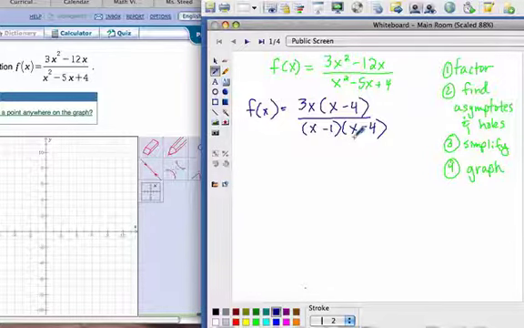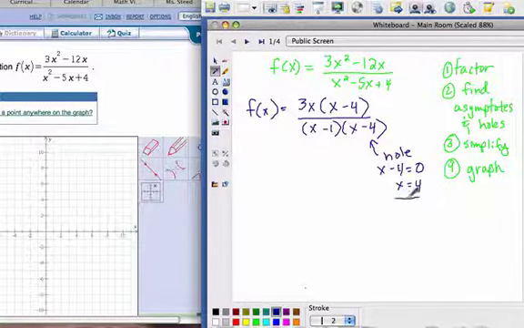Now remember, you cannot divide by 0, so anything that makes the denominator 0 is either an asymptote or a hole. Okay, so this one that's going to cancel out, that is going to be where the hole is. So if you take x minus 4, set it equal to 0, and solve it, you get x equals 4.